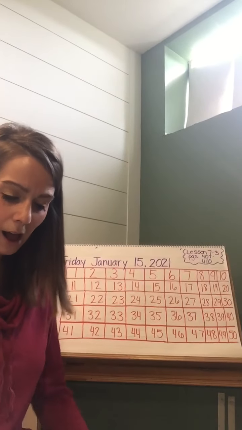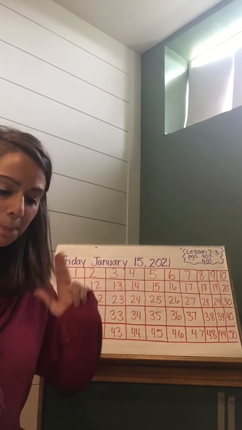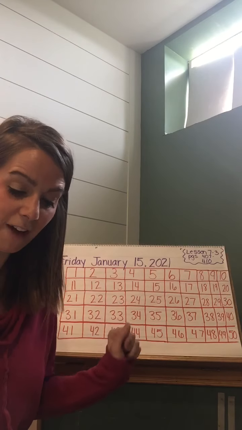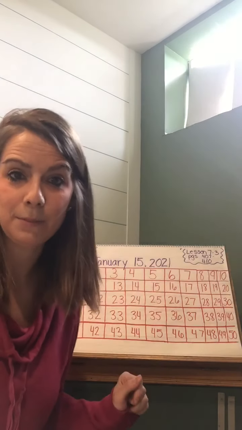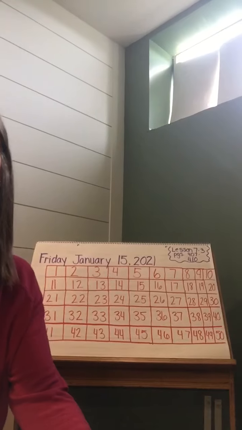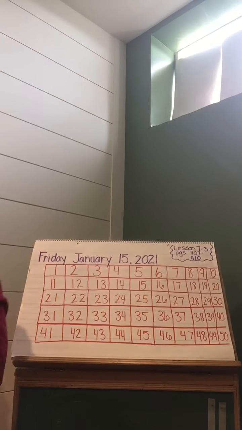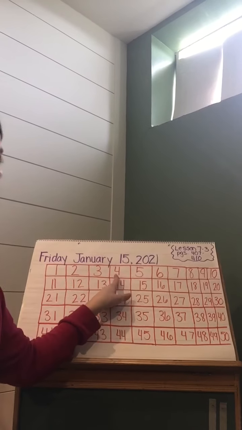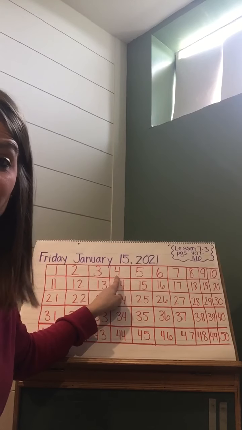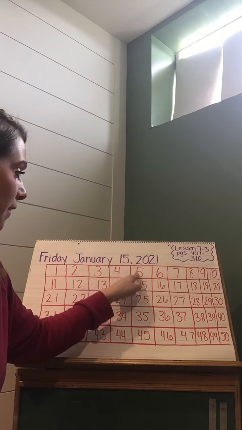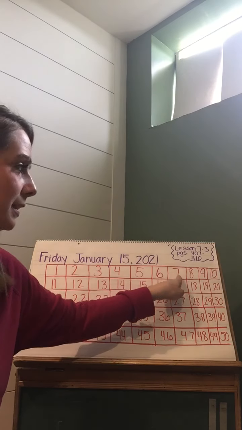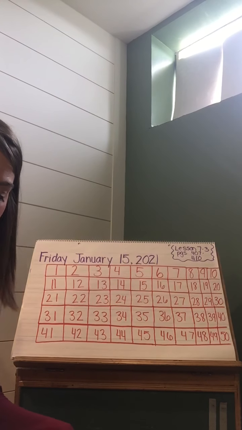Now, on this page, it says pick a number, then find the next 3 numbers. So I'm going to pick number, let's say 4. Now my next 3 numbers would be 5, 6, 7. Okay?